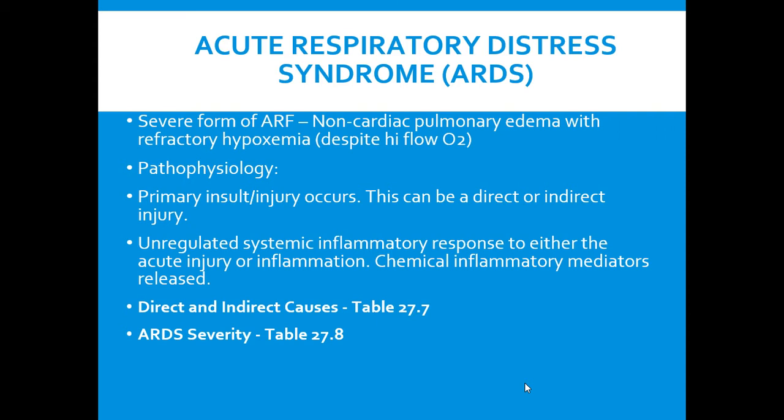Sepsis is the most common cause of ARDS. Other causes include pneumonia, severe trauma, aspiration, massive transfusions, cigarette smoking, cardiopulmonary bypass, a pneumonectomy, a PE, and drug and alcohol overdose. So please remember those common causes.